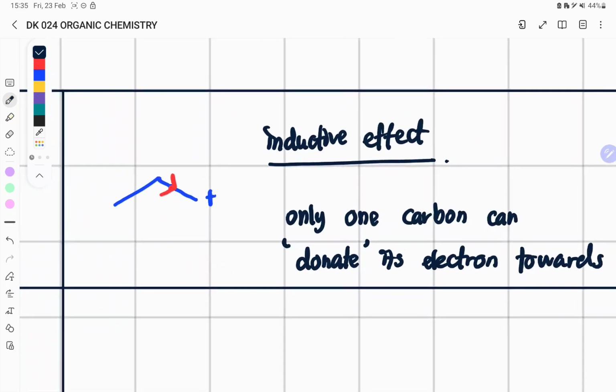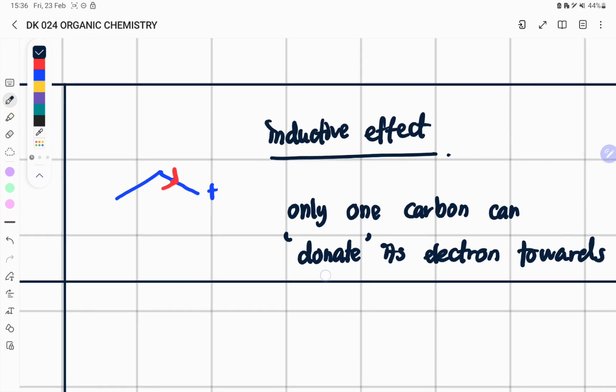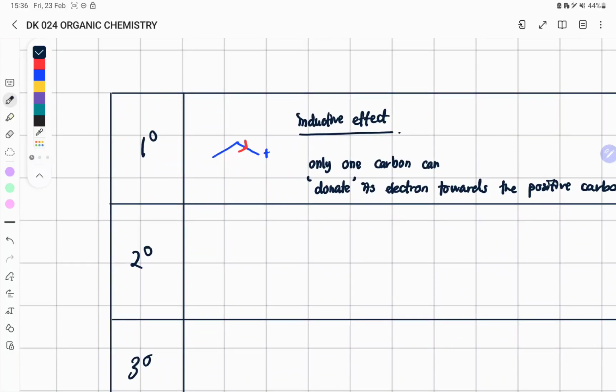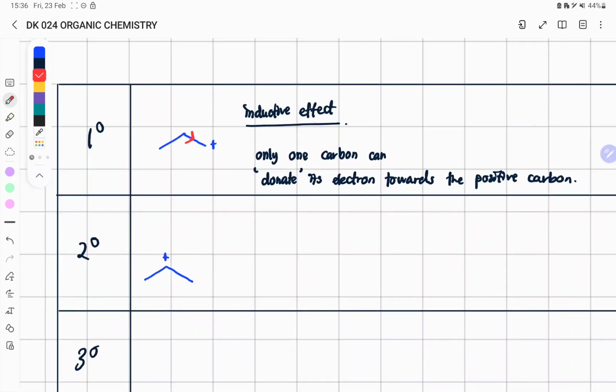Jadi kalau kita tengok, sebab dia ada positive charge dekat sini, dia dapat tarik sikit elektron tu. So sebenarnya positive charge ni bukannya positif 1. It is between positif 0.8 hingga positif 1, somewhere like that. Okay, so between that. So this is what we call as inductive effect.